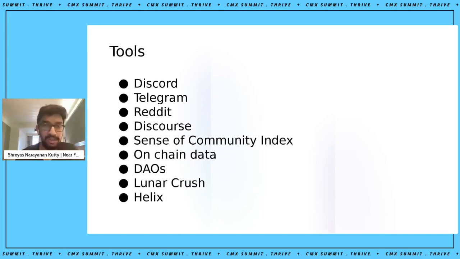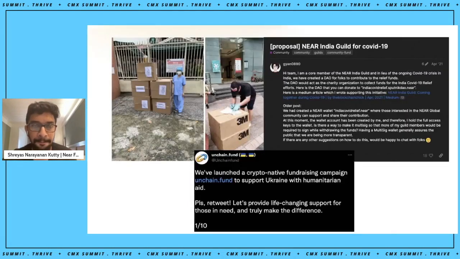We're also talking to the folks at Helix Protocol, and they're basically building a protocol to incentivize people to answer questions and earn through that structure. So these are some of the high-level tools that we use pretty frequently from a community and social standpoint.